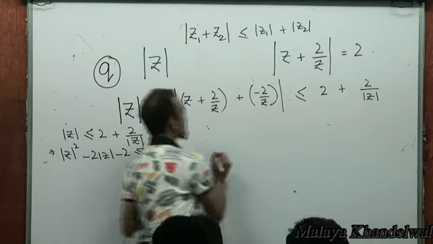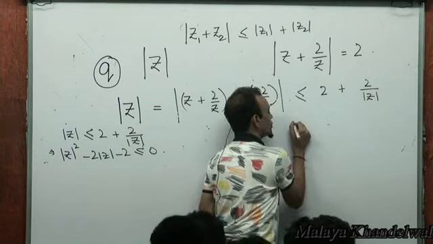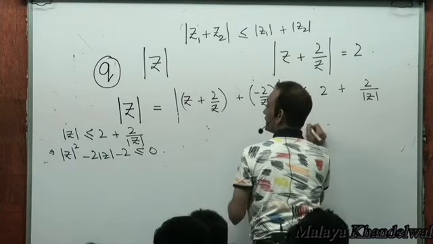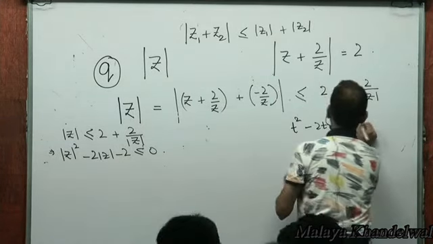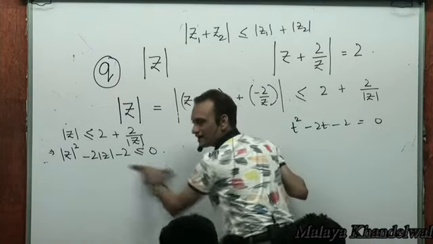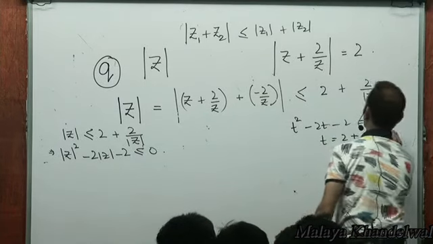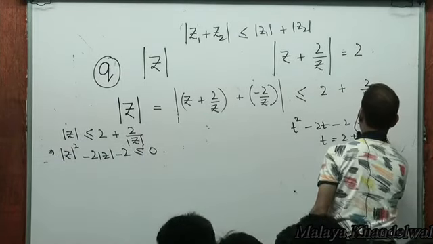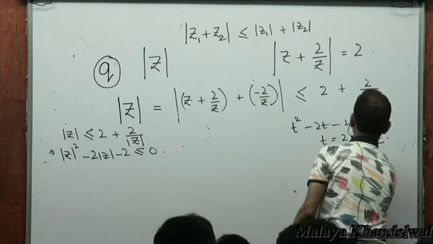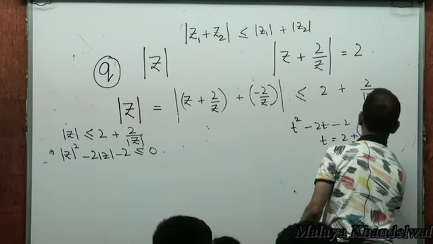Let me factorize this by finding the roots of t squared minus 2t minus 2 equal to 0. This has roots 2 plus minus root of 4 plus 8, which is 12, divided by 2, which is 1 plus minus root 3.